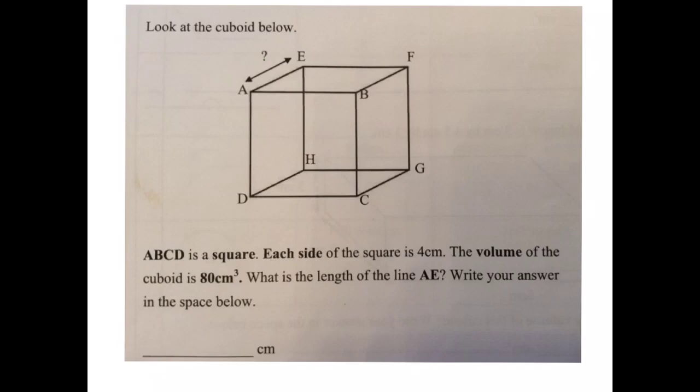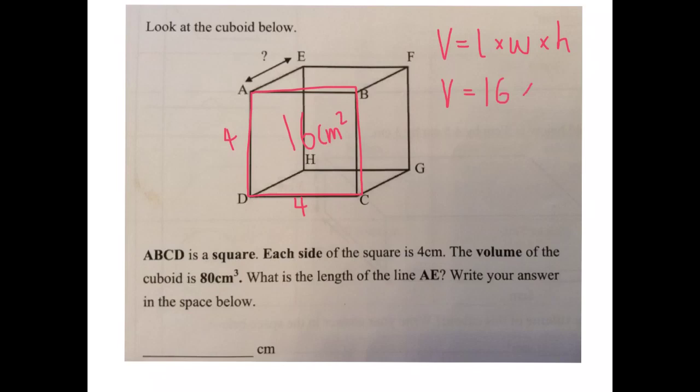Okay, so we know that ABCD is a square with each side being 4 centimeters. So the area of this square is 16 centimeters squared. We know that the volume is our length multiplied by our width multiplied by our height. Well, we've already got 2 of those, and we've worked out that they make 16.